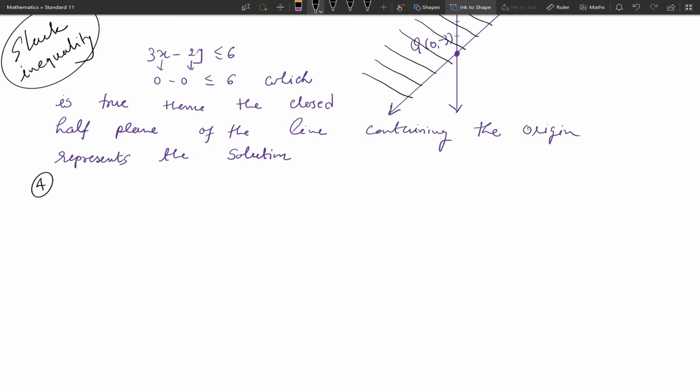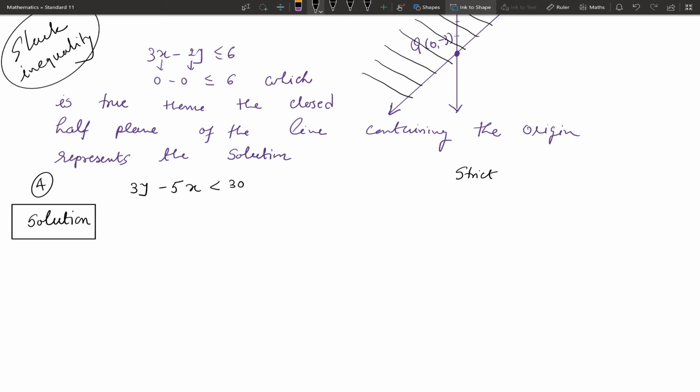Fourth one, 3y minus 5x less than 30. So let us discuss the solution of this inequality. First, it is a strict inequality, so there will be a dotted line.